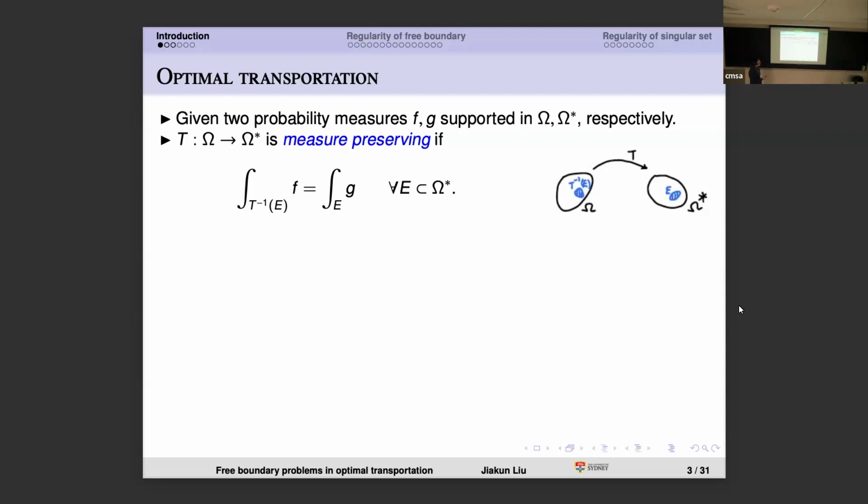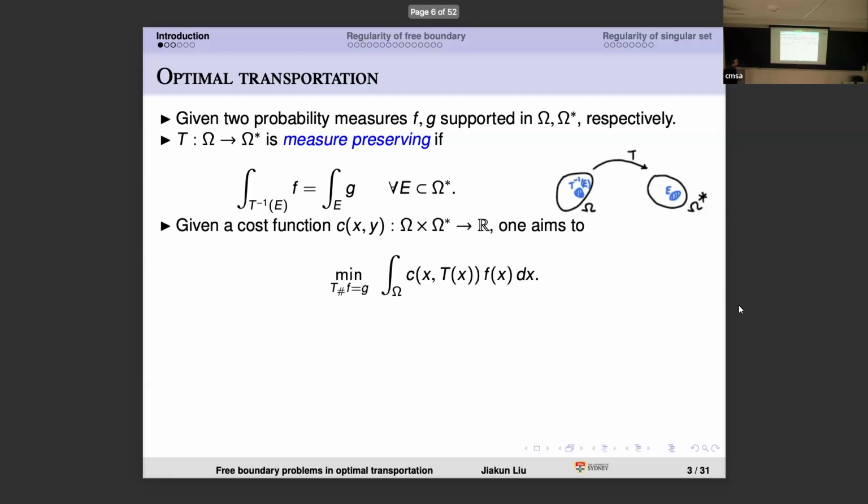So in mathematics, that means if you consider a subset E in omega star, then the measure of E is equal to the measure of the pre-image. If this equation is true for arbitrary subsets, then the mapping T is called measure preserving. Now, given a cost function c(x,y) from the product space to R, the meaning of the cost function depends on your application.